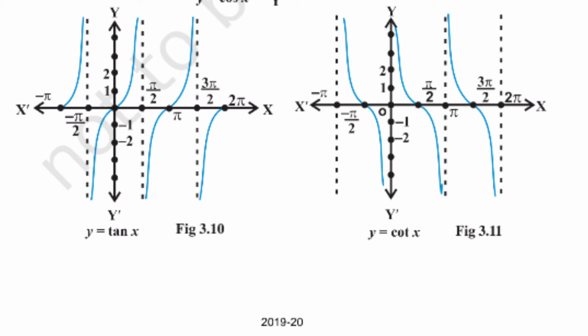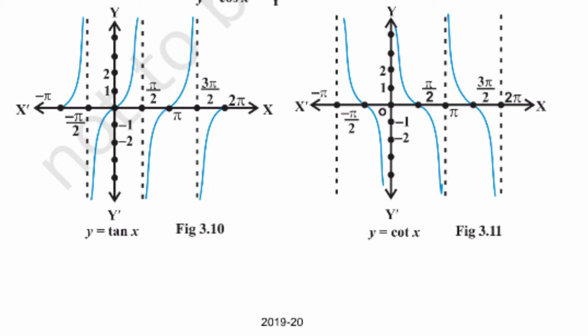Like minus pi by 2 to plus pi by 2 for tan x is one part, then another part in the same structure but somewhere else. So they are not connected to each other. They will go upward and downward, but they will never meet one another.